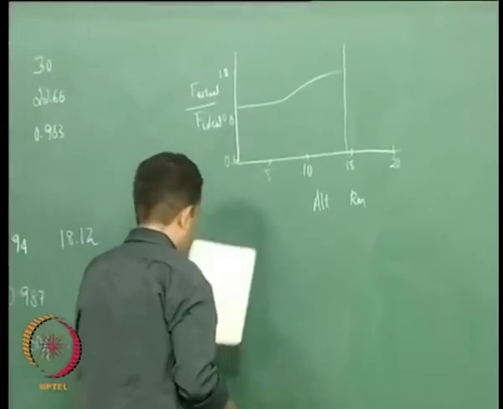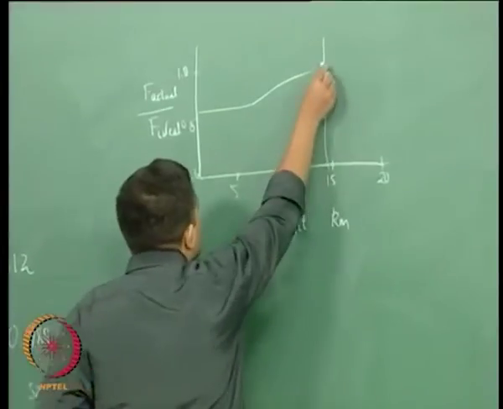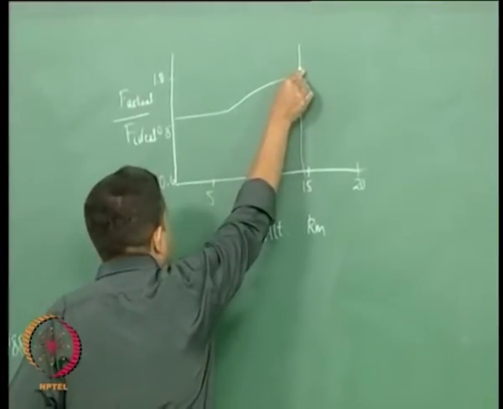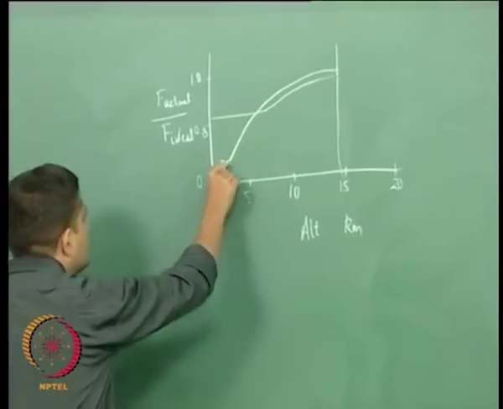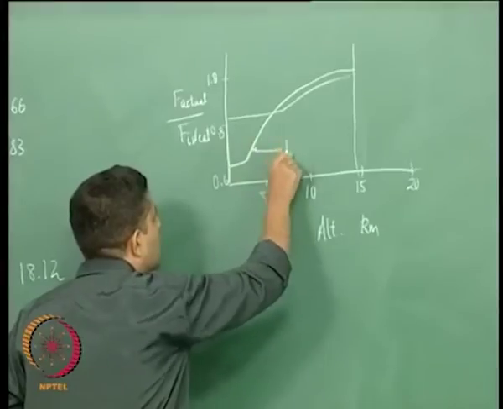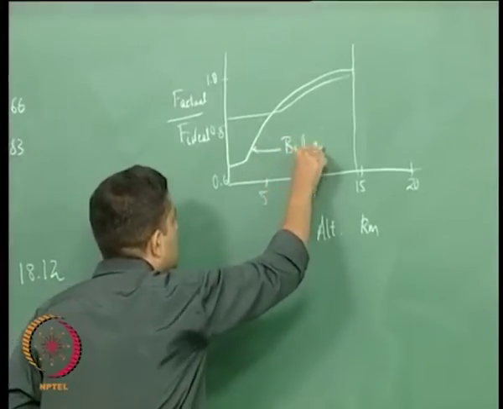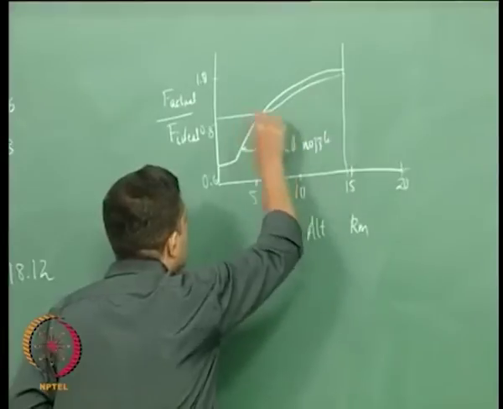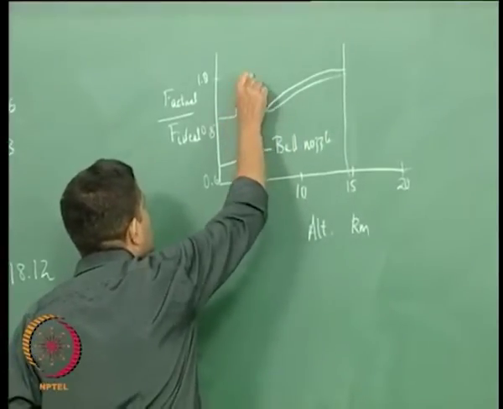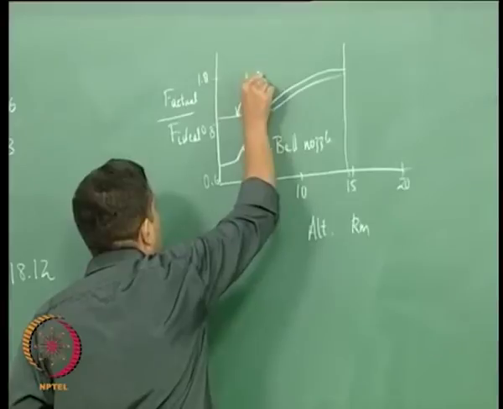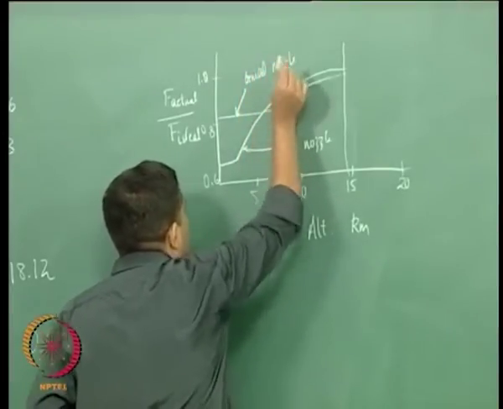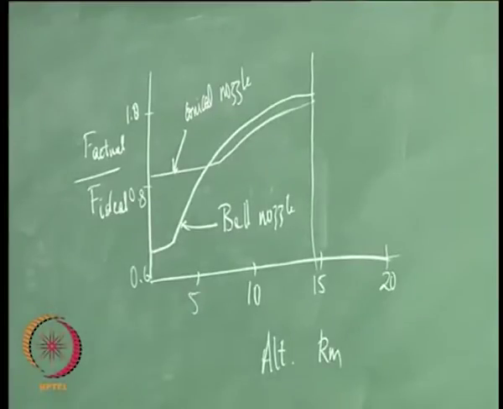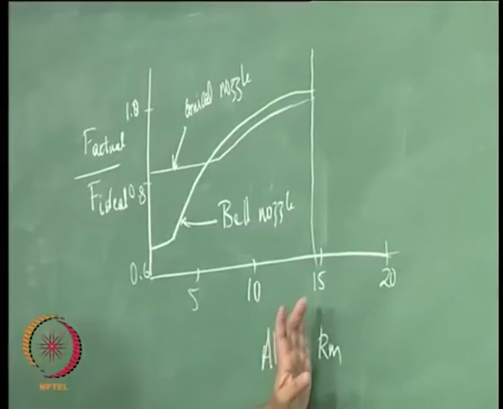This is how a conical nozzle will be, and a bell nozzle. Now, if you see this, the off design condition, this is the design condition, right.